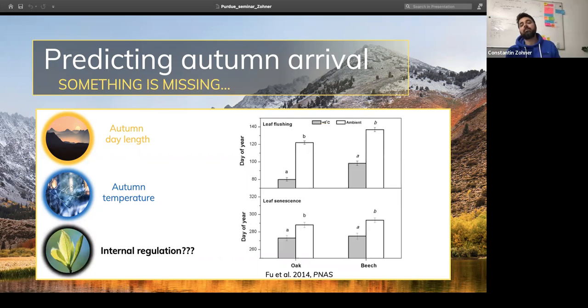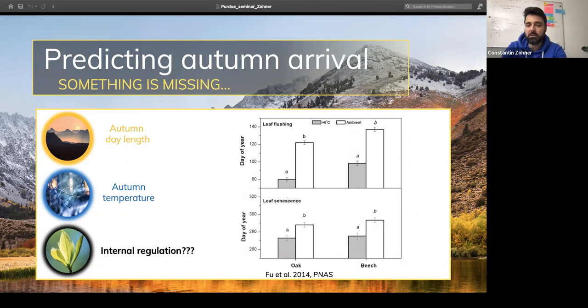And then there was a study 8 years ago that basically suggested that spring leaf out, so basically the time when plants start to be active in spring, already has an effect on autumn senescence. So what we see here in the upper panel, for 2 species, is the difference in spring leaf out between an ambient treatment and a +6 degree warming treatment.